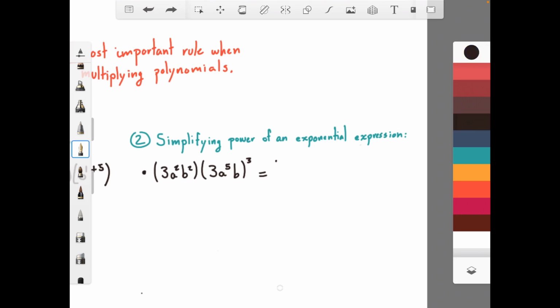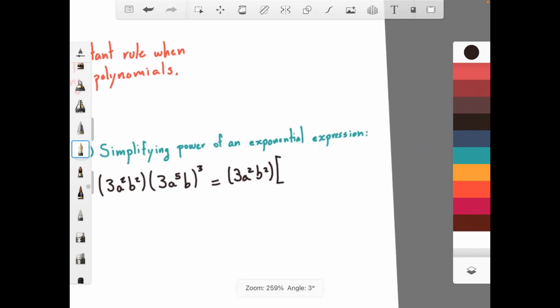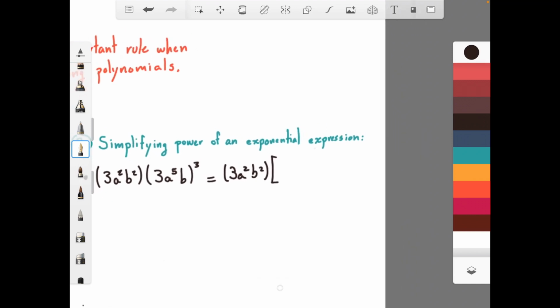We have this one that isn't being affected by the exponent, so we just leave it like that. And then we have this big one that affects each and every one. So we have 3 raised to the third power, and we distribute it properly. Now a to the fifth times 3, because when you have power of powers, you multiply the exponents. And finally you have b to the third power.